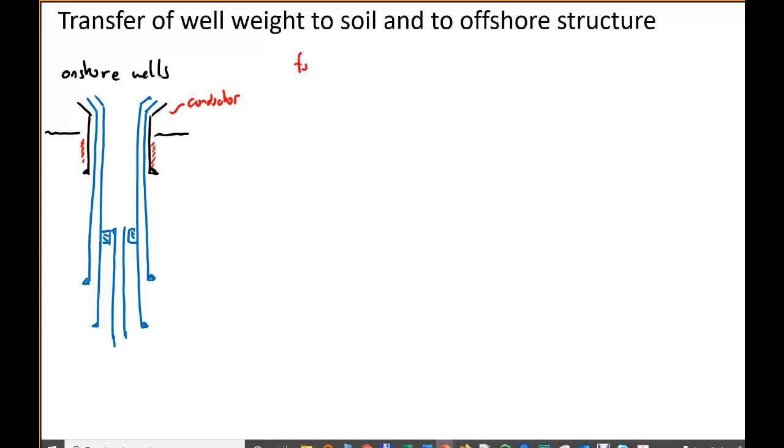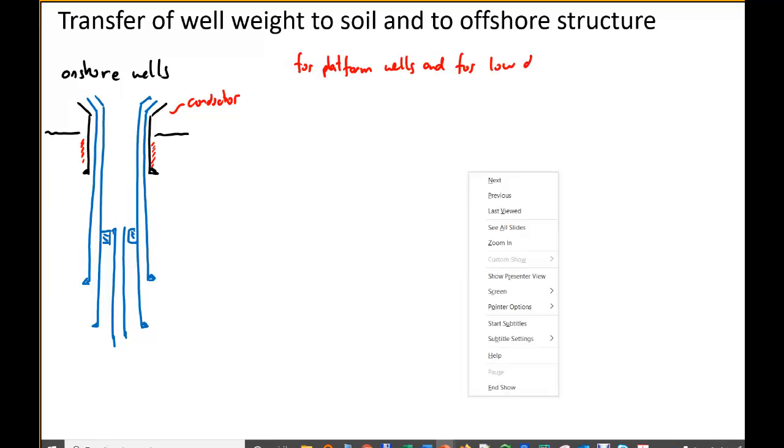So for platform wells, and for shallow, okay, water depth.